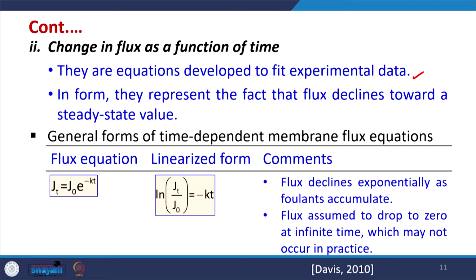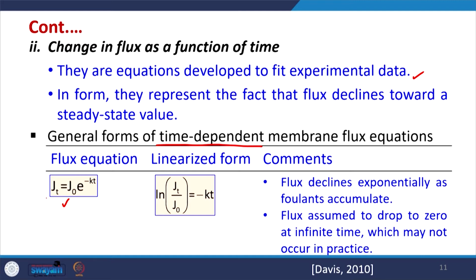So, we carry out an experiment and fit the experimental data to certain equations, taking care that the flux will decline to a certain steady state value with time. One of the equations is the generalized form of the time dependent membrane flux equation. The membrane flux equation has been made time dependent in these equations.